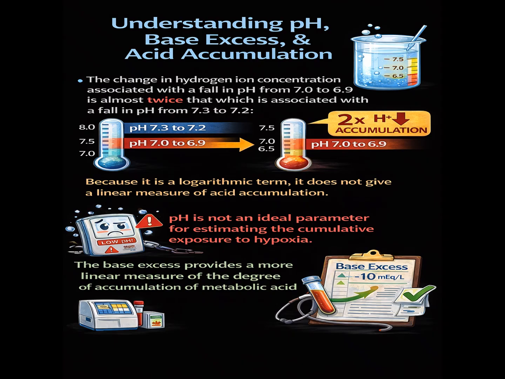Because it is a logarithmic term, it doesn't give a linear measure of acid accumulation. pH is not an ideal parameter for estimating the cumulative exposure to hypoxia, whereas base excess provides a more linear measure of the degree of accumulation of metabolic acidosis. So if you are going to use a parameter to measure the accumulation of acidosis, it is better to use base excess.